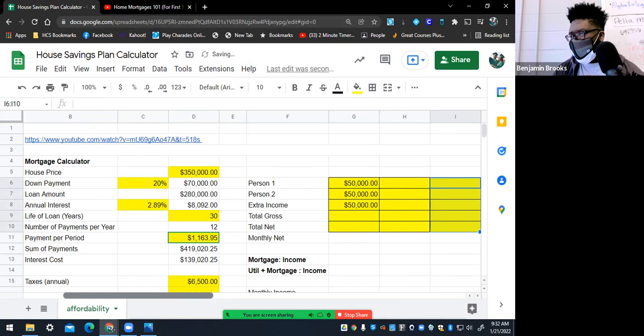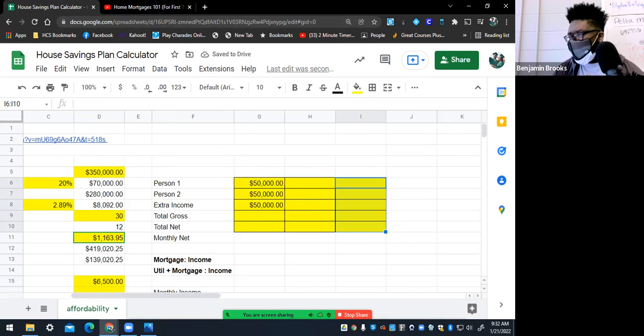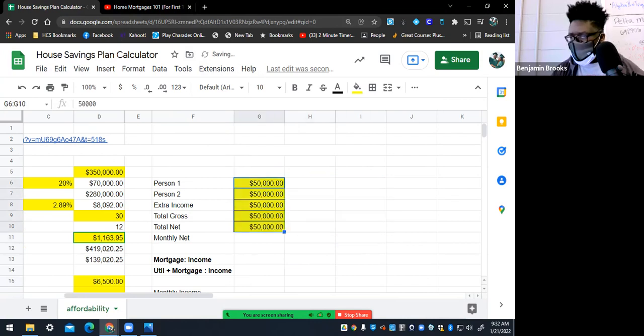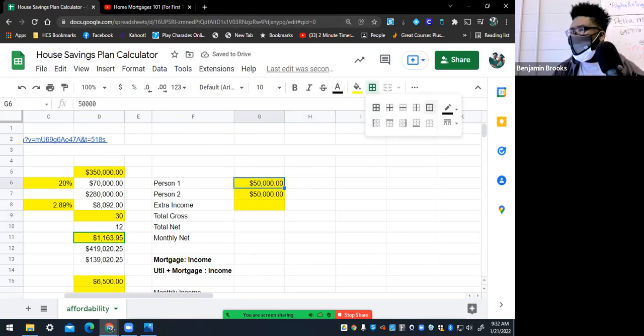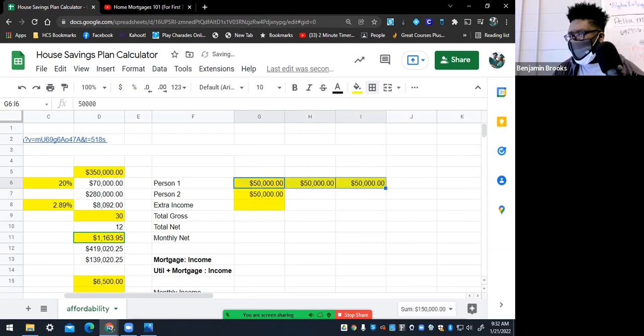Let's see if I can redo this here. Okay, let's start over. All right, I want to create a border. I want to create this kind of border, and I want it to go like that.